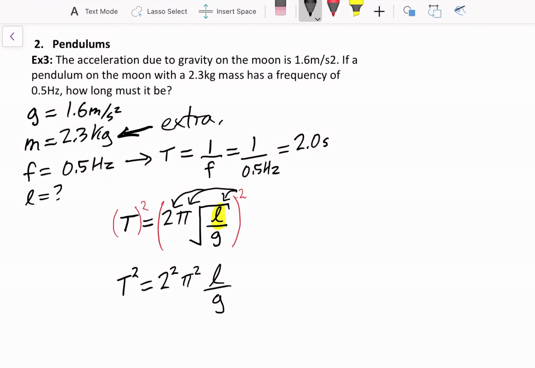Since we're looking for L, we need to get rid of this 2 squared, this pi squared, and this g. So let's get rid of the g first and multiply both sides by g.